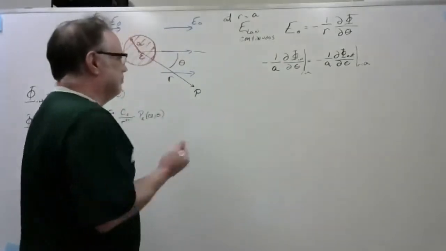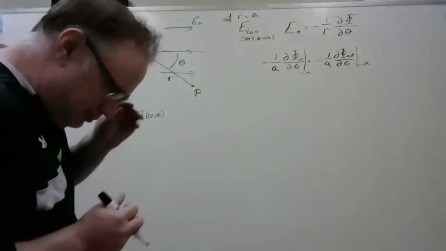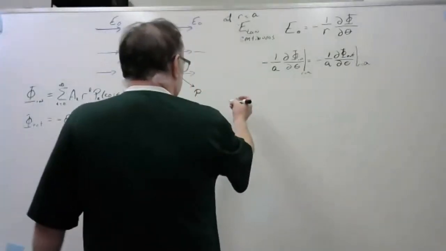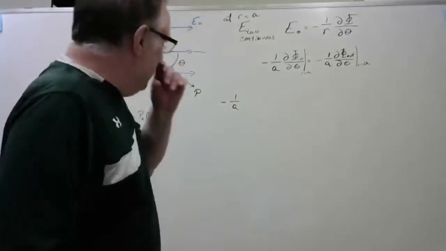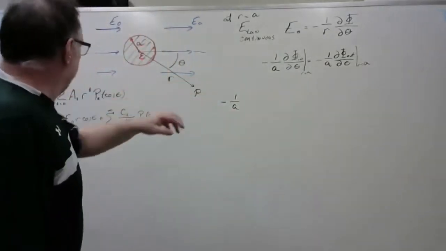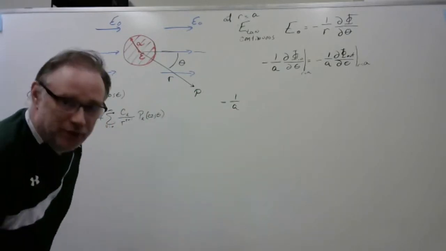All right, so let's take a look at this. I get minus 1 over A times, since the derivative is with respect to theta, I can go ahead and carry it inside of this thing. So I will.